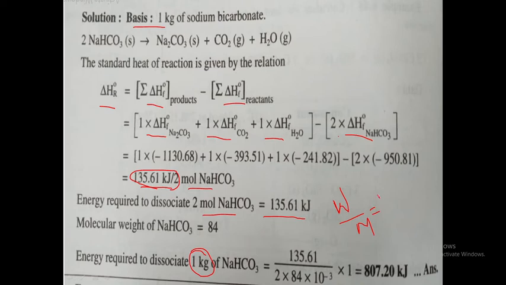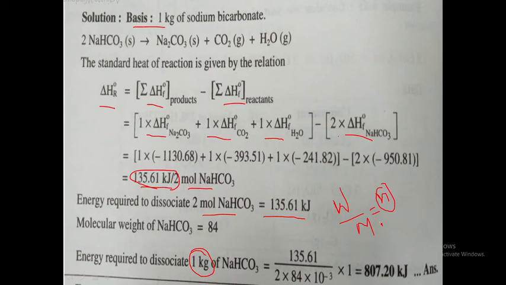So first we find the number of moles. The weight is 1 and the molecular weight of sodium bicarbonate is 84. So 1 divided by 84 is the number of moles of sodium bicarbonate.